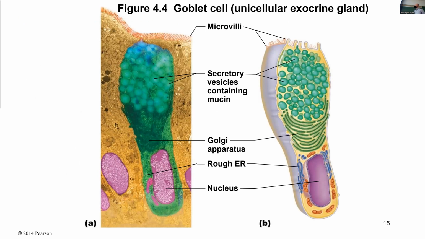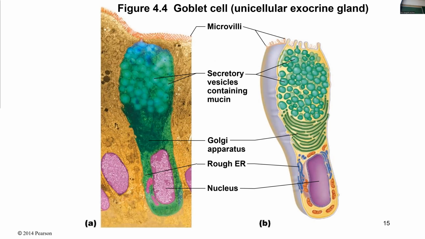So this is an example of a unicellular exocrine gland. So this is a type of gland that excretes something, I'll just leave it at that, through an opening. And you can see basically in this case, this is a cell that produces mucin. So this is what is responsible for producing mucus, for example, in your upper digestive system.